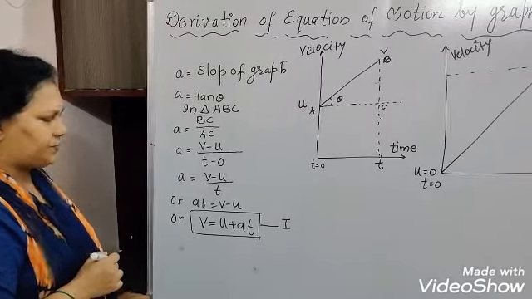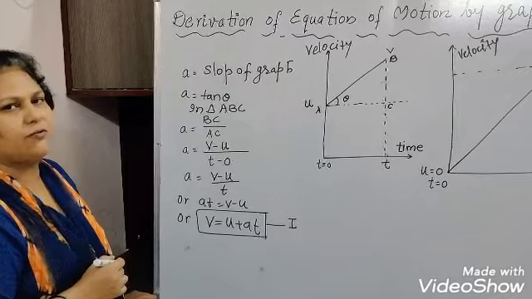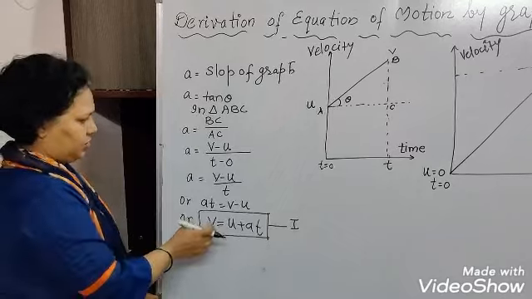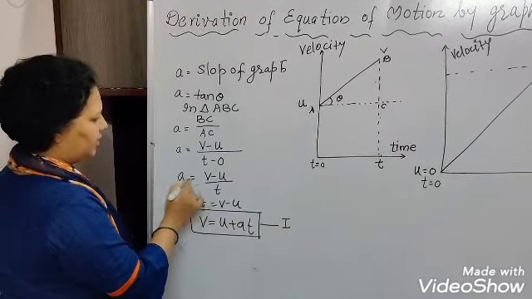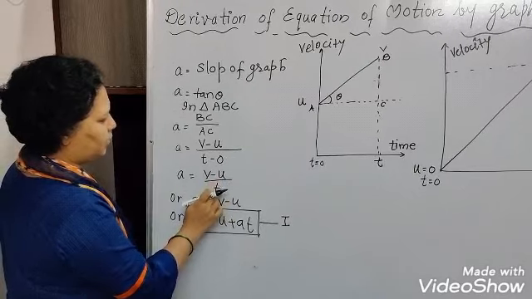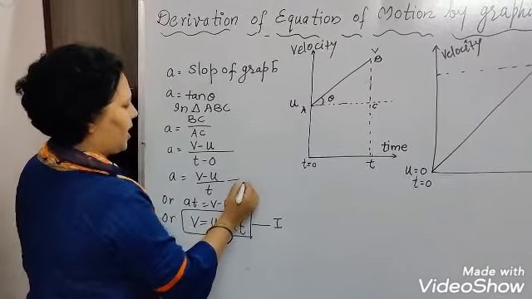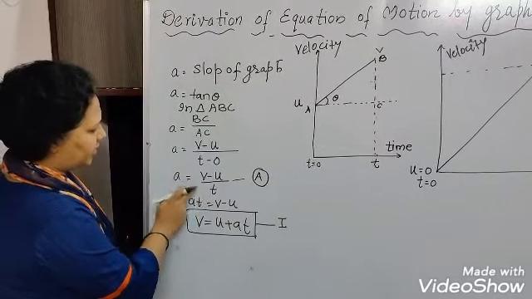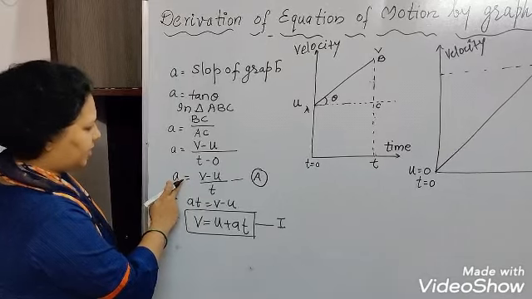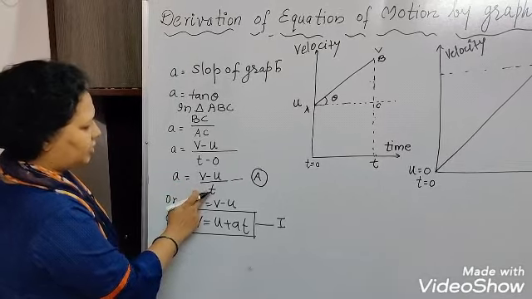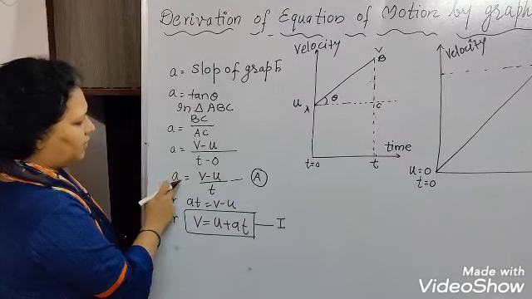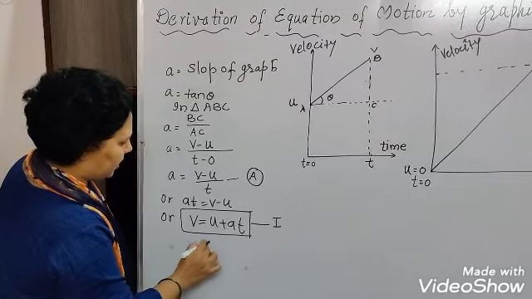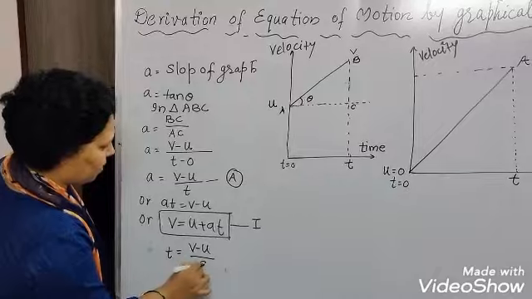Now, to derive the second and third equations of motion, we will change this equation somehow. The equation a is equal to v minus u upon t, I am writing as equation A. If we take t to the left side and a to the right side, t will take the position of a and a will take the position of t, and the formula becomes t is equal to v minus u upon a.